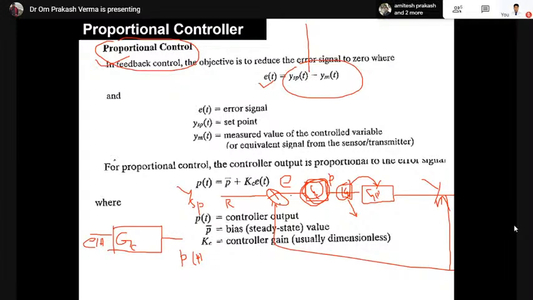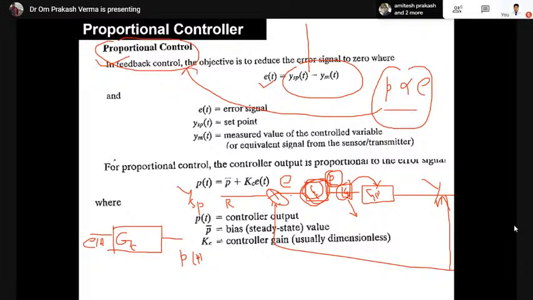The control output signal P is proportional to the error. So this is the concept of proportional control: P is directly proportional to error.